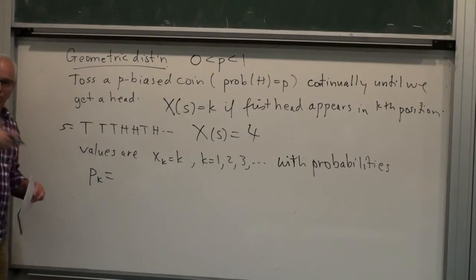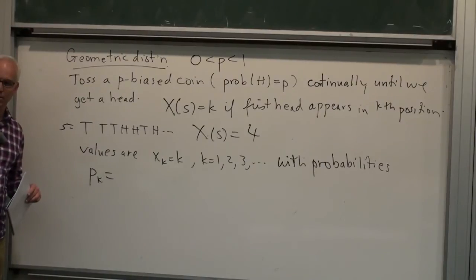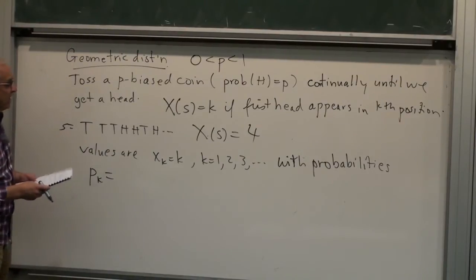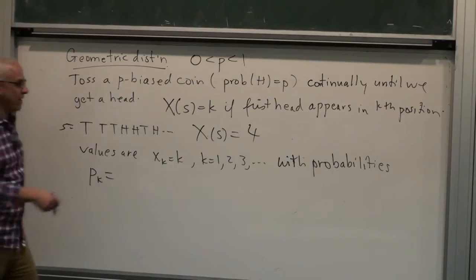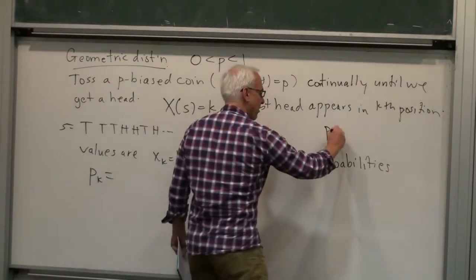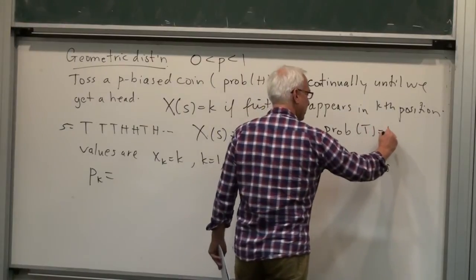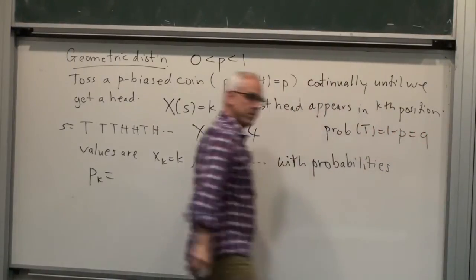Well, it means that for all the previous times, you've gotten tail, tail, tail, tail. So the probability of a head is p. As usual, we'll agree that the probability of a tail is 1 minus p, which we'll call q.